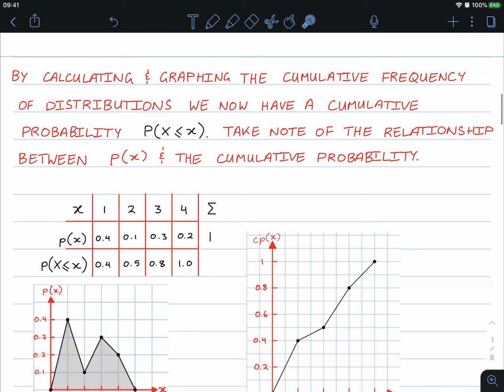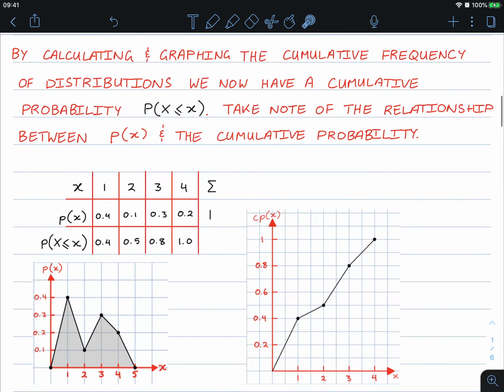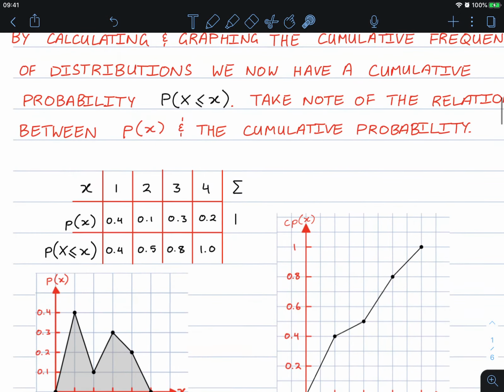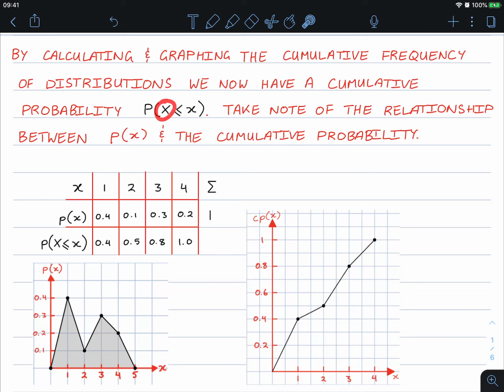We can show this also by calculating and graphing the cumulative frequency of distributions. We now have a cumulative probability. So the probability of a number less than or equal to our desired target. I'll take you through what this means.